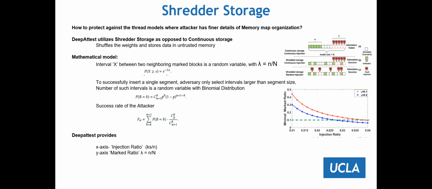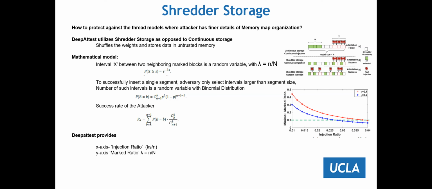If you look at it, the graph is 2D, but it has 3 parameters. The independent parameter is the injection ratio. The injection ratio basically tells us the ratio of the marked weight vectors, which are the weight vectors which contain FP, to the whole set of weight vectors which do not have the FP.